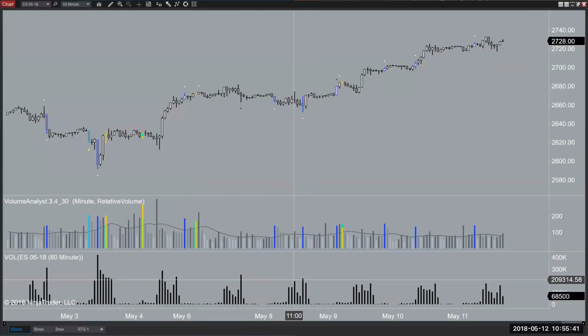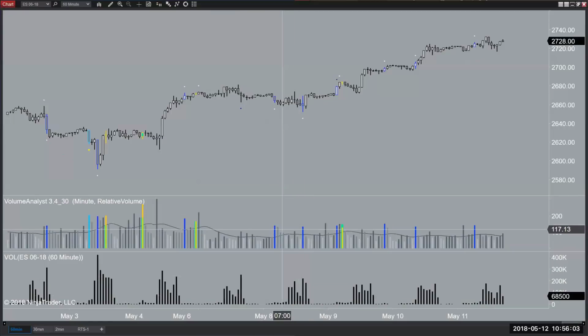So to try to compare that overnight volume with the day session volume is essentially pointless. And then you have the problem with the lull during the lunch session. So very high volume at the open, very high volume at the close, typically lower volume during lunchtime. So you have that kind of seasonality effect.